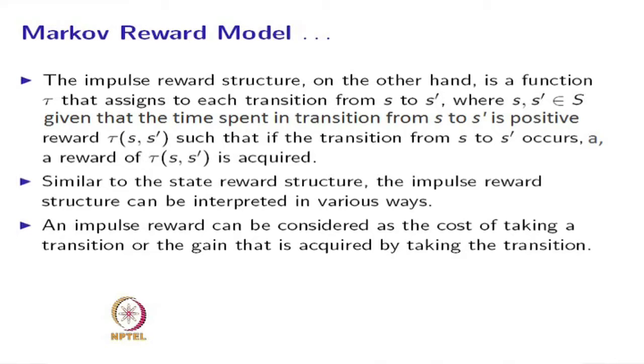Similar to the state reward structure, the impulse reward structure can be interpreted in various ways. An impulse reward can be considered as the cost of taking a transition or the gain that is obtained by taking the transition.